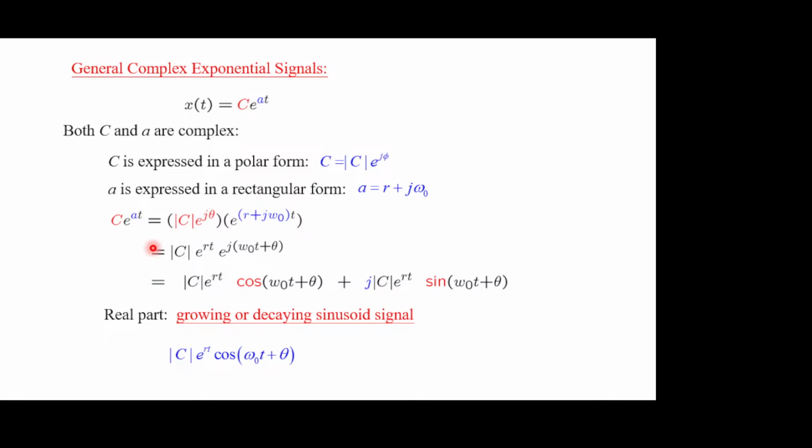Because if we do that, then C equals the absolute value of C times e to the j theta. Oh, actually it's j5 here, but whatever. It should be j theta here, right? So it should be theta.